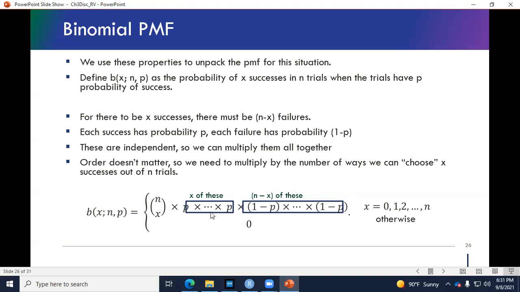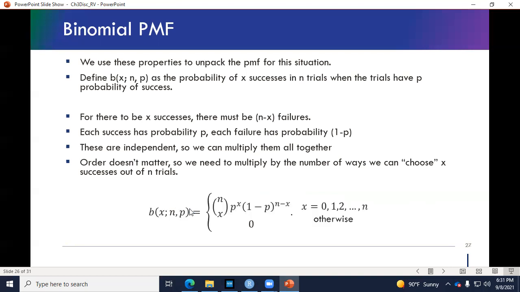In total we have N elements, and we can multiply them directly because they are independent. Written more formally, it will be N choose X times P to the power of X, times 1 minus P, which is the probability of failure, to the power of N minus X. This is the total number of failures.